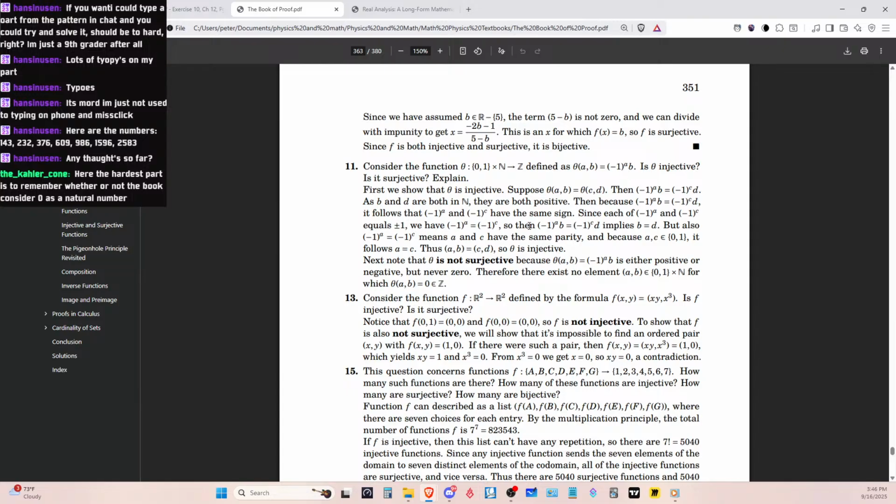This implies that D equals B. Thus it is injective. Oh, it's not surjective. What did I miss here? Note that it's not surjective because it's either positive or negative, but never zero. Oh, okay. Yeah, that's right.